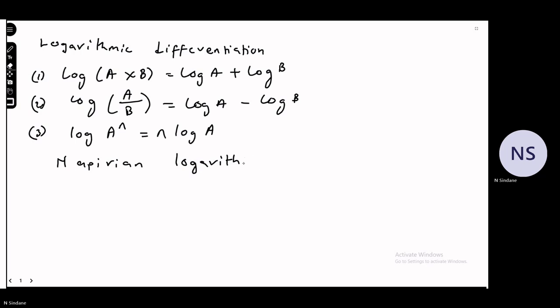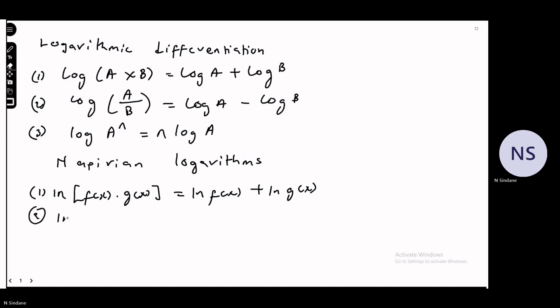Similar to your log, number one: ln of f of x multiplied by g of x is similar to ln of f of x plus ln of g of x. Number two: ln of f of x divided by g of x is similar to ln of f of x minus ln of g of x.